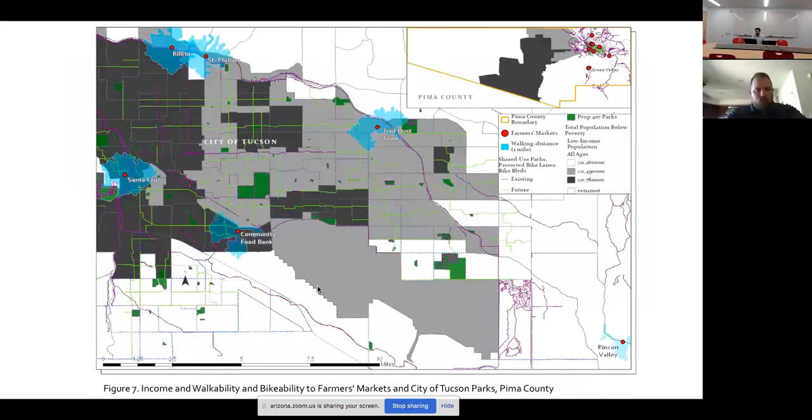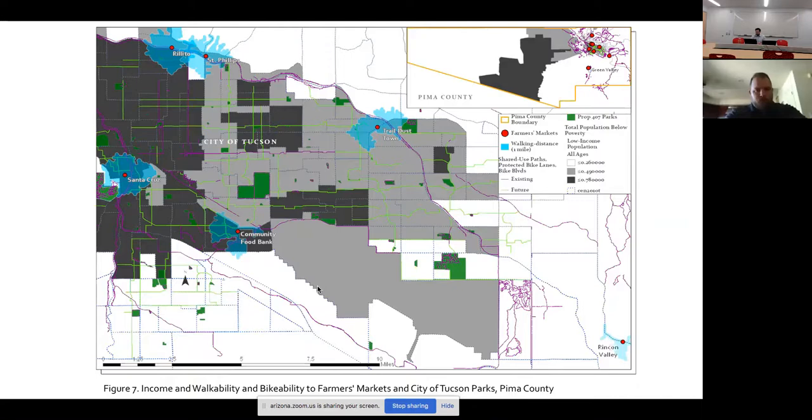Back to income and walkability and bikeability to farmers markets. This is a map that shows a more detailed view of the 1 mile service area, which is walking distance around those sites, but with an additional layer of the low-income population, which is our target population. So I wanted to see if, in fact, the farmers markets that are accepting SNAP are in areas where low-income people live and easily accessible.